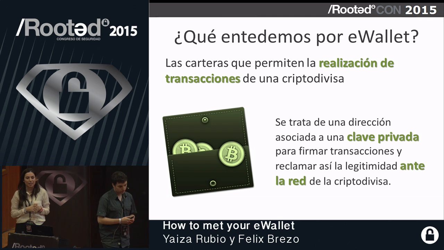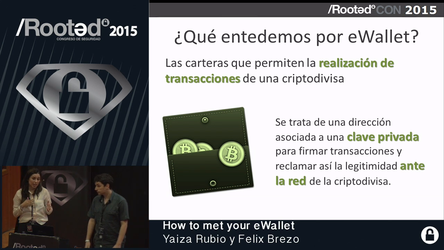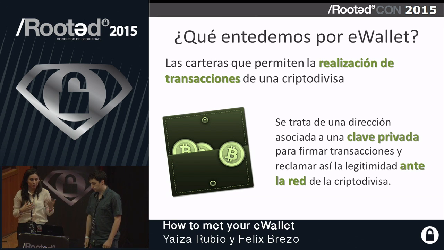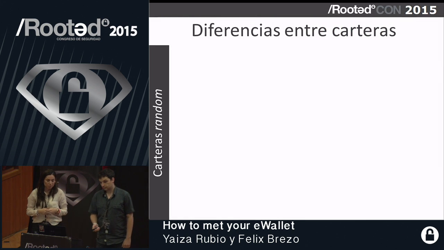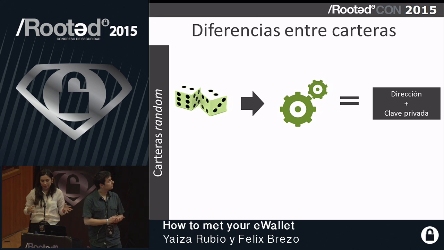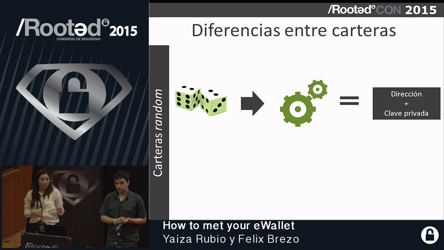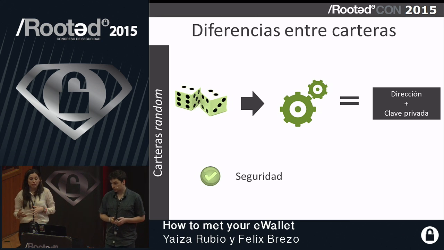Very firstly, the concept of portfolio. A portfolio is a file where you can store the private passwords. It's the wallets. This is my money. This is not other people's money. So the different wallets, as you can see, the generic wallets, their private passwords would be defined by a random number.